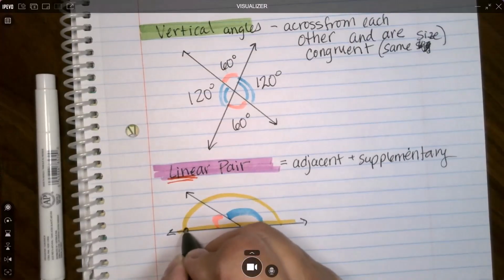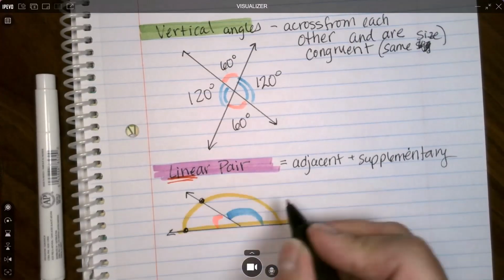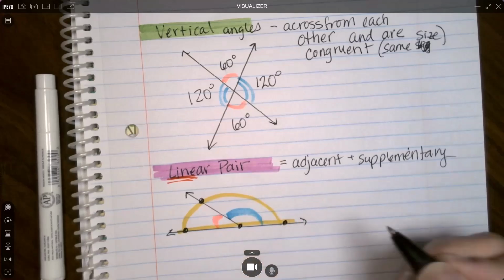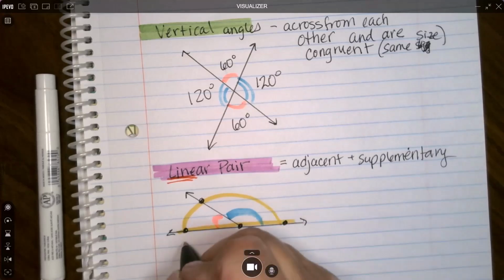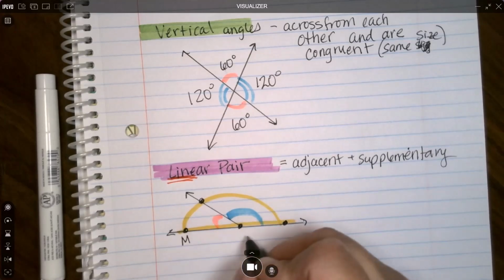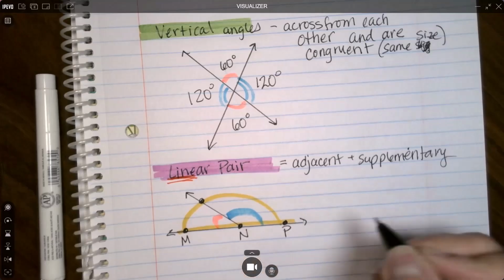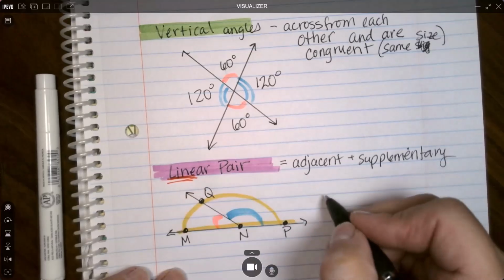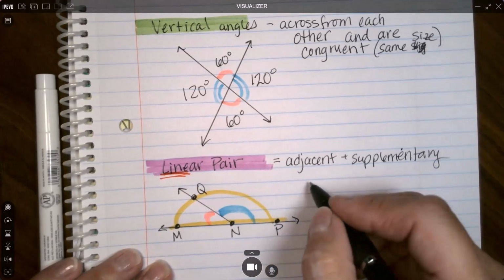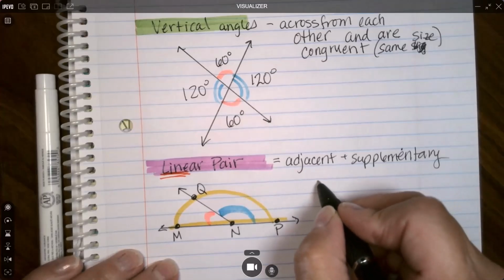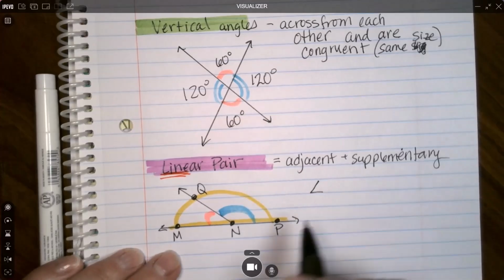Let's put some points in here, because you got to learn the language. So which letters should we use? M, N, P. I like Q. All right, so the notation here is that I'm not going to do the measurements. I'm talking about the angles.